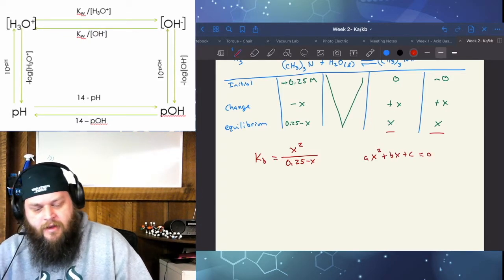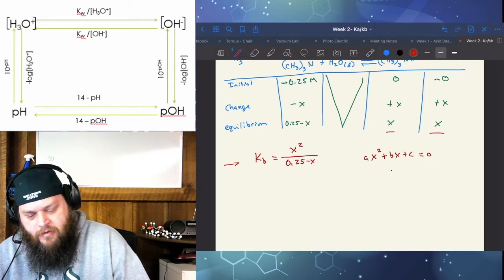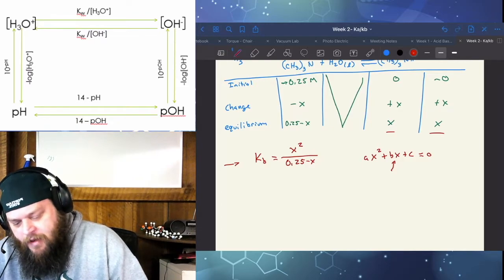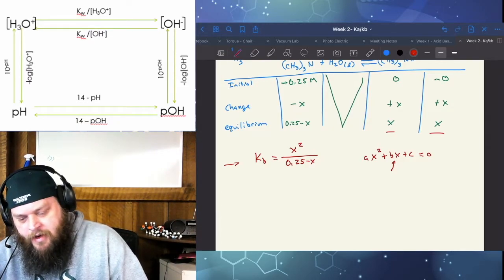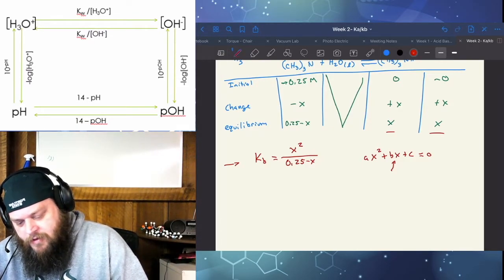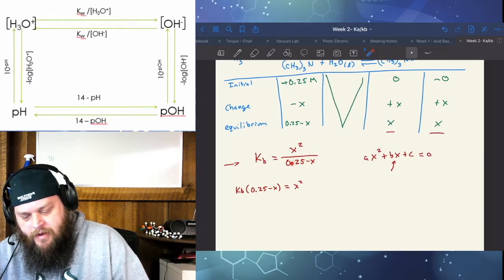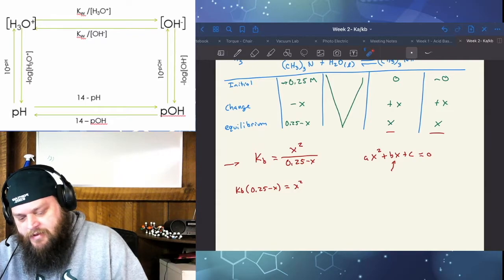So we've got to make this equation go to this form. To do that, I'm going to multiply each side by the denominator of this fraction, which would leave me with KB times 0.25 minus x is equal to x squared. When I multiply the right side by this, it just cancels out my denominator. I'm left with x squared. Multiply the left side, I just get this.